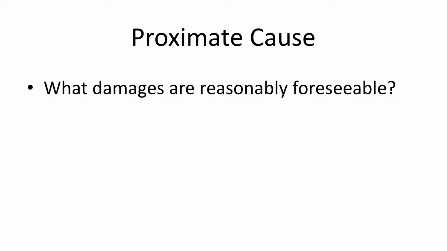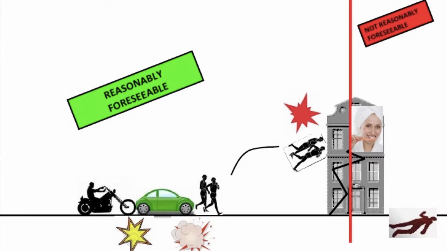Proximate causation is a little bit more complicated. It's more complicated in the sense that we need to think again about what is reasonably foreseeable. What could we reasonably imagine happening? Just because something actually happened doesn't mean that it was reasonably foreseeable to happen. I find this graphic valuable. Let's imagine that you are driving a motorcycle.